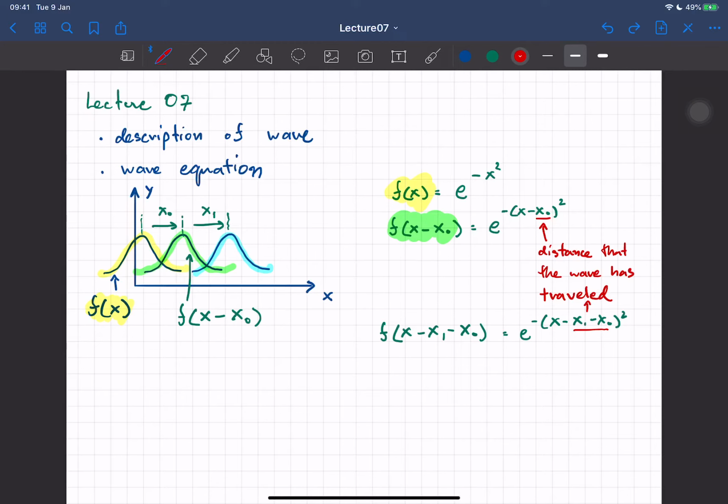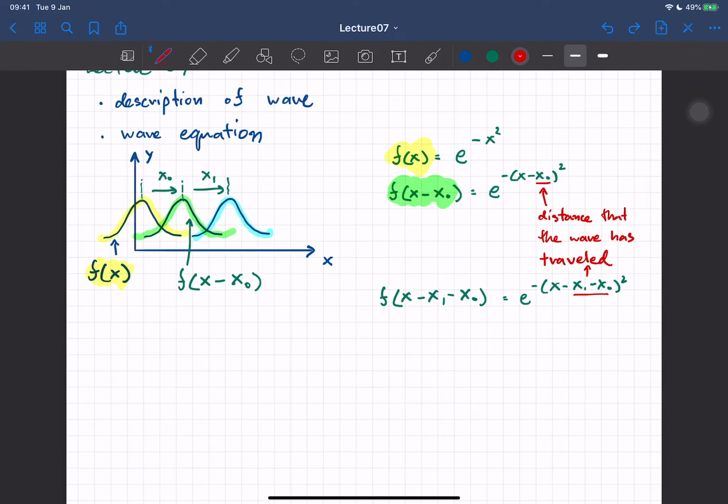So x minus something means it's going to the right. x plus something is going to the left. So I'm going to write it here. So f of x minus x0, this is the whole thing moving to the right-hand side. But if you have f of x plus x0, then the shape moves to the left.